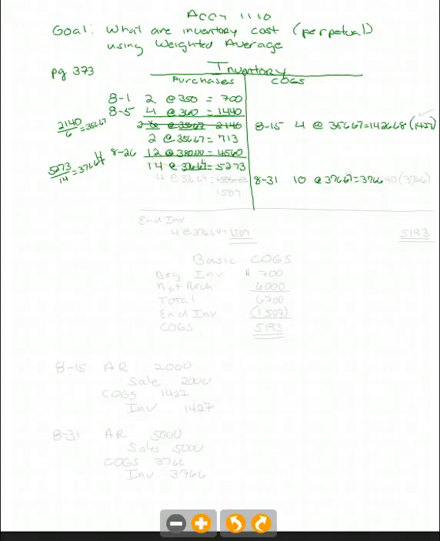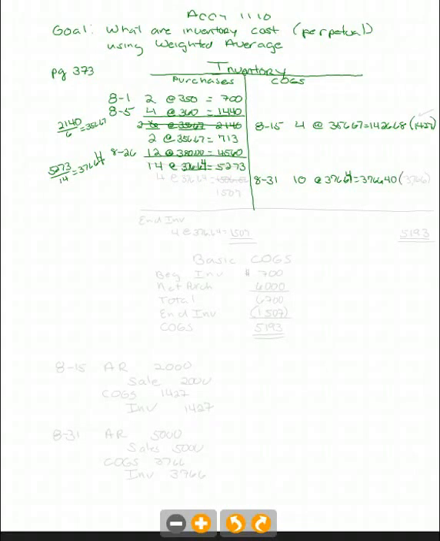Where do we end up then? For ending inventory, we have 4 units at $376.64, rounded to equal $1,507. And for our cost of goods sold, we have 1427 plus the 3766 for a total of $5,193. Let's do our basic cost of goods sold calculation and see if it works right. Remember in beginning inventory, we had 2 units at $350. That totals $700.